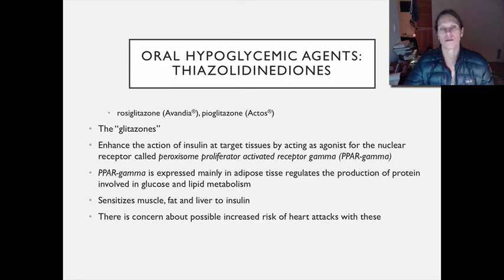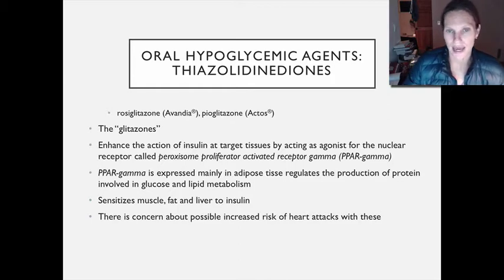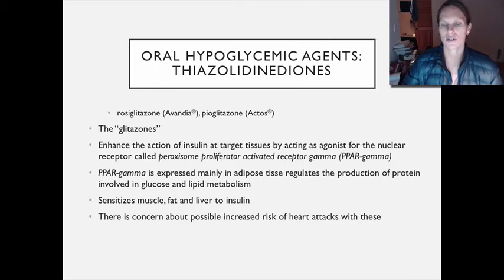PPAR-gamma is a receptor that's expressed mainly in adipose tissue, and it regulates the production of proteins involved in both glucose and lipid metabolism. So essentially it's sensitizing the liver, the muscle, and the fat to insulin. They seem pretty great for that reason, but there is significant concern that they increase the risk of heart attacks, which is already a big issue with diabetics. So that's kind of a bummer.